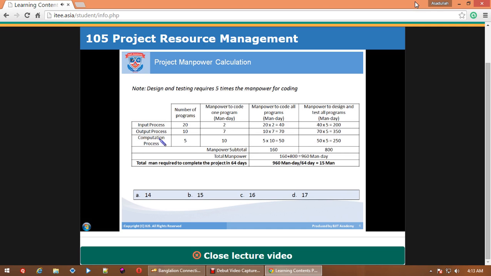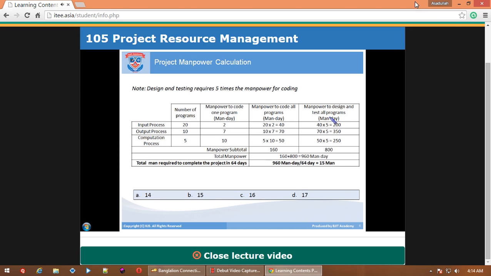For the computation process part, we have 5 programs and 10 man days needed to code one program. So to code all the programs, we need 5 into 10, that is 50 man days. And for design and testing, we need 50 into 5, that is 250 man days. So for coding, we need in total 160 man days, that is 40 plus 70 plus 50 equal to 160 man days.